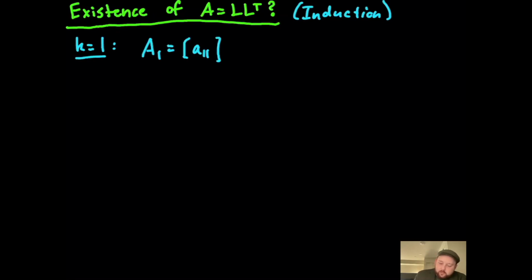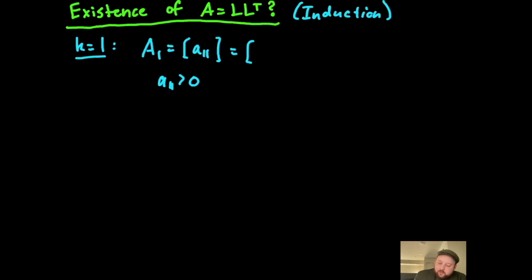Then I can write this just by taking a square root. Why can I take a square root? It's because of that proposition, that lemma that we just talked about. I know that A11 has to be positive because it's a leading principal submatrix, and so it has to be SPD, which for the scalar case means that it's positive.